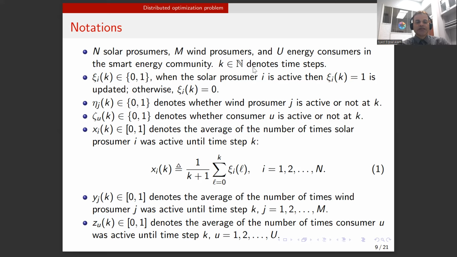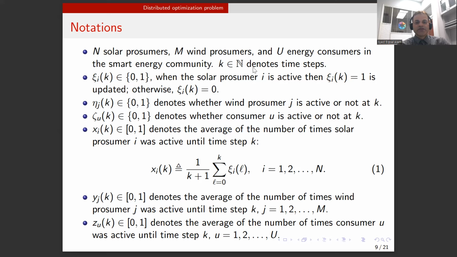Similarly, eta_jk is in {0, 1} and denotes whether the wind prosumer j produces energy at time step k or not. And similarly, z_uk is also in {0, 1} and it denotes whether consumer u participates, consuming energy at time step k or not. If z_uk equals 1, that means it consumes energy at time step k, and if it is 0, that means it does not consume energy.